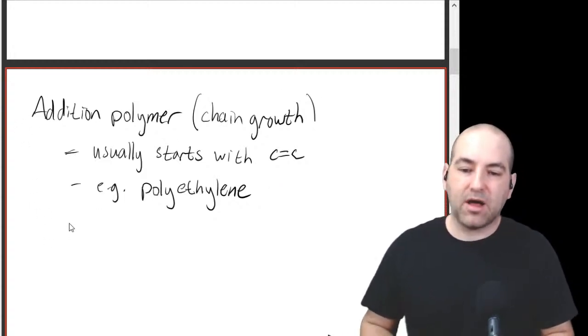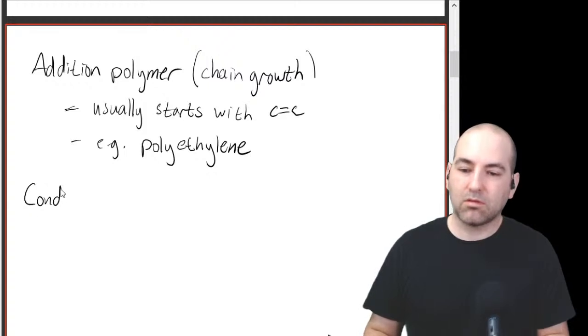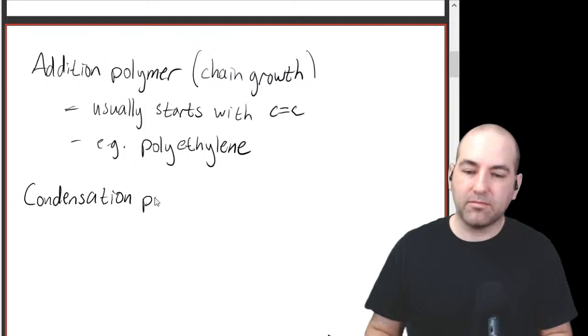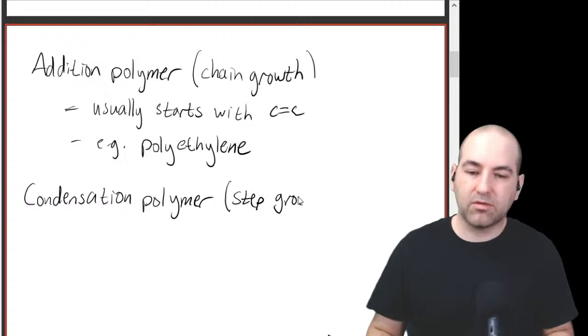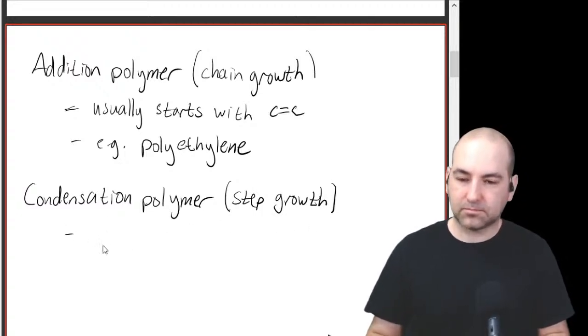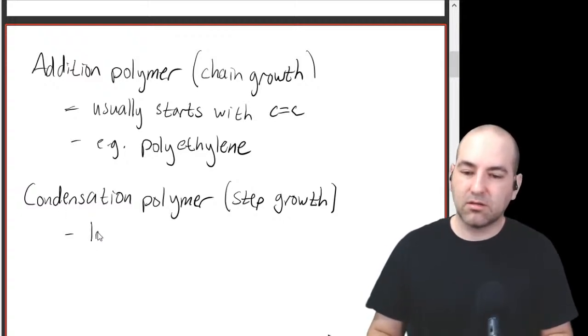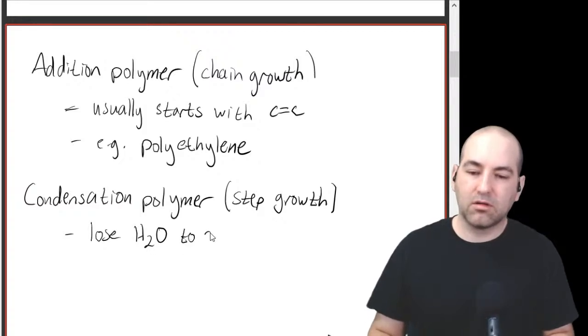The second type of polymer that we're going to look at is called a condensation polymer, also known as step growth. And that word condensation means that we're going to lose water to connect.